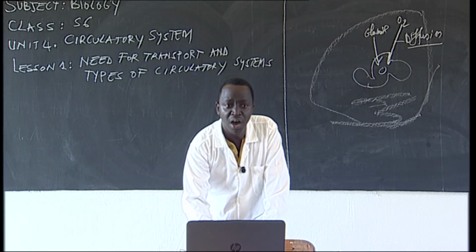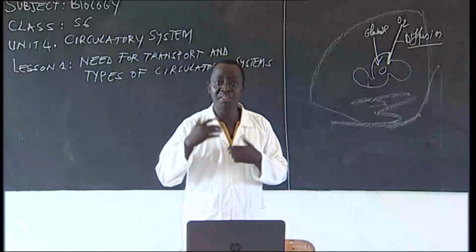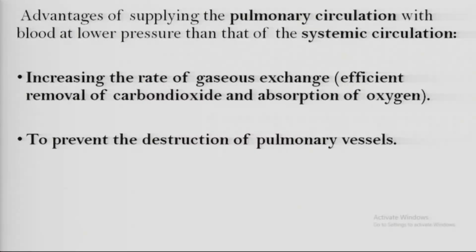Now, the advantage of supplying pulmonary circulation with the blood at lower pressure than systemic circulation is that because the lung and the heart are closely in contact, the blood will flow at the lower pressure. But that one has the advantage. One advantage is to increase the rate of what? Of gas exchange. Another one is to prevent the pulmonary vessels from being destroyed, because when pressure is high, they can be destroyed.